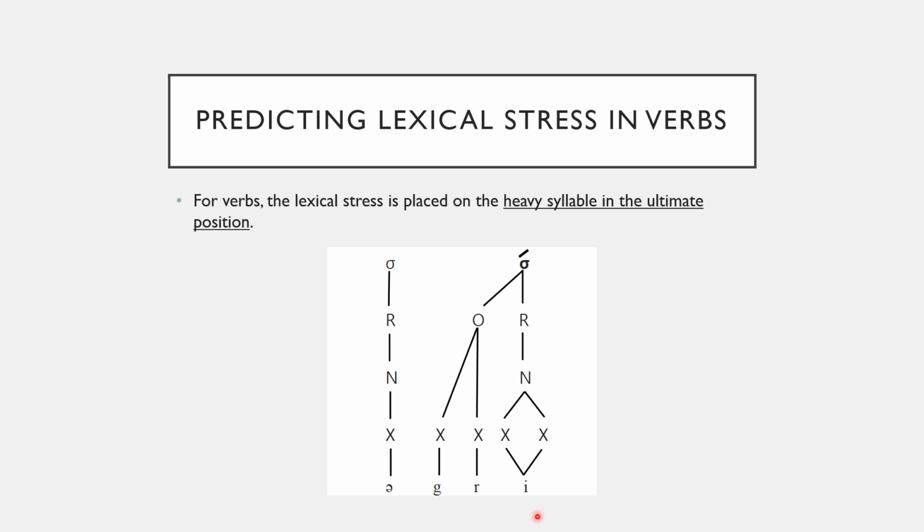In this word, agree, the syllable in the ultimate position has the monophthong E, which is a heavy vowel. As explained in the stress placement algorithm, the lexical stress is placed on the heavy syllable, so the lexical stress is assigned in the ultimate position.